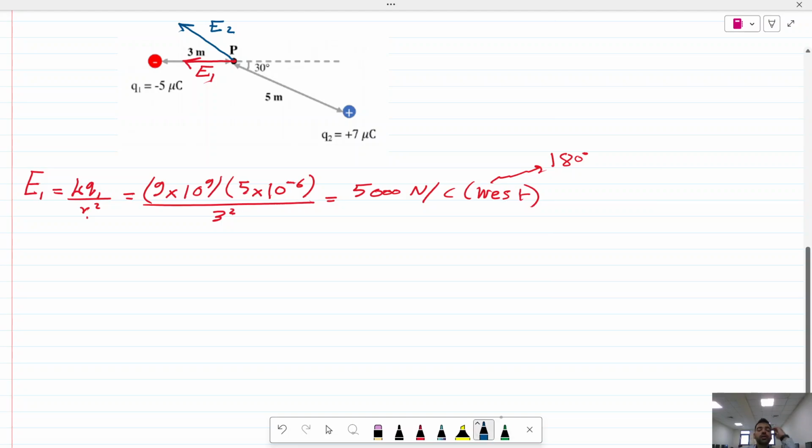How did I know that I have non-perpendicular vectors addition here? If you look at E2, it's not purely on x nor purely on y. And also, if this angle is 30, then this angle is also 30 degrees. Now let's calculate E2.